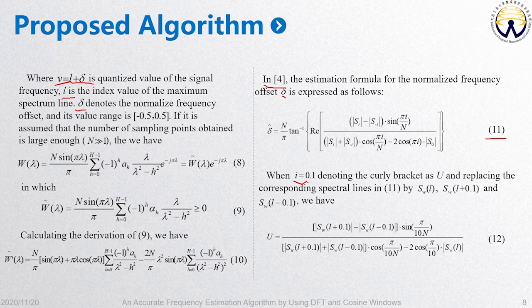When i equals 0, 1, denoting the curly bracket as U and replacing the corresponding spectral lines in Formula 11 by S_W(L), S_W(L plus 0.1) and S_W(L minus 0.1), we have Formula 12.